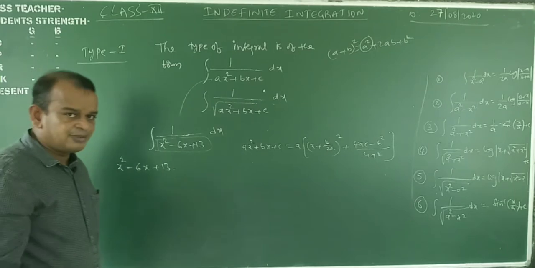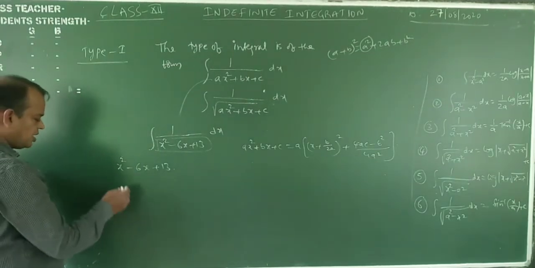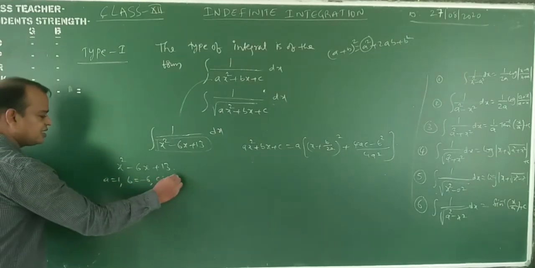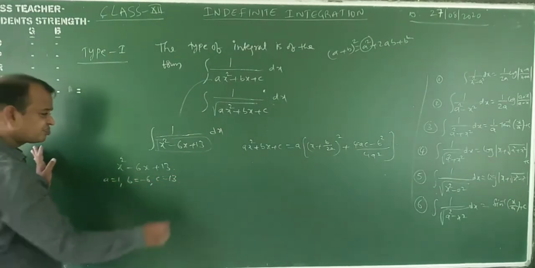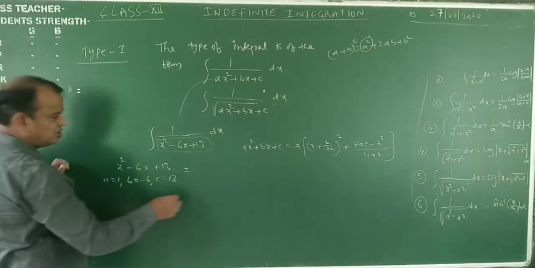With the formula and without the formula, I am explaining both ways. First by using the formula: here the a value is 1, b value is minus 6, c value is 13. Now what happened? A is 1, no need of writing.